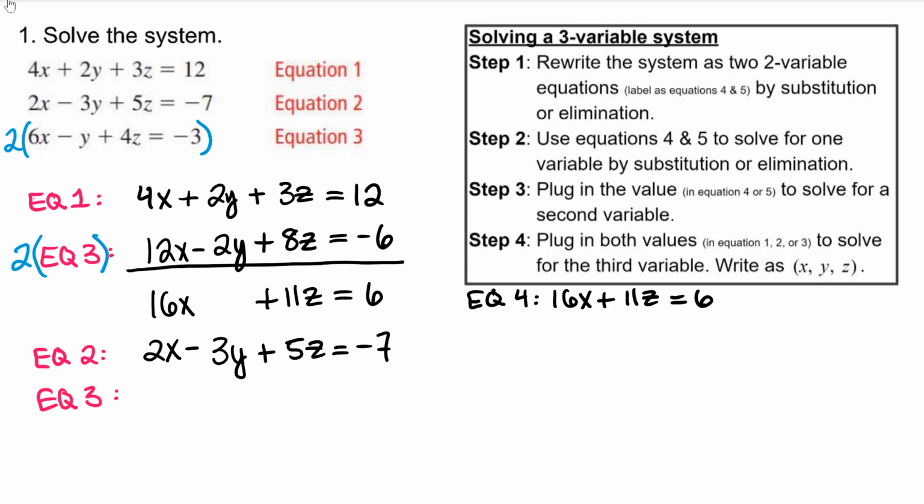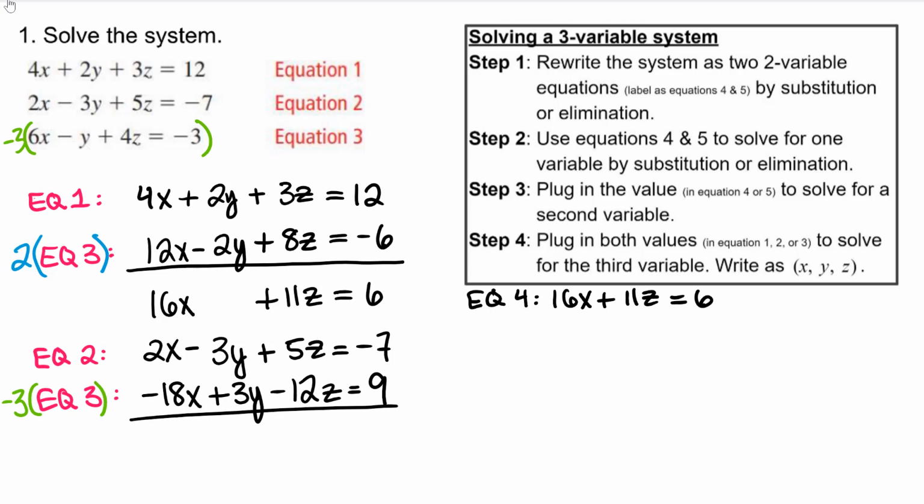We'll need to multiply equation 3 by -3, so the coefficient is +3, and we'll eliminate when we add the 2 equations. Now add. This we will label as equation 5.